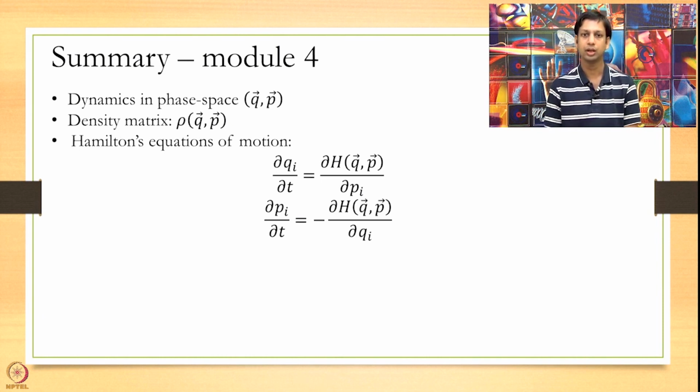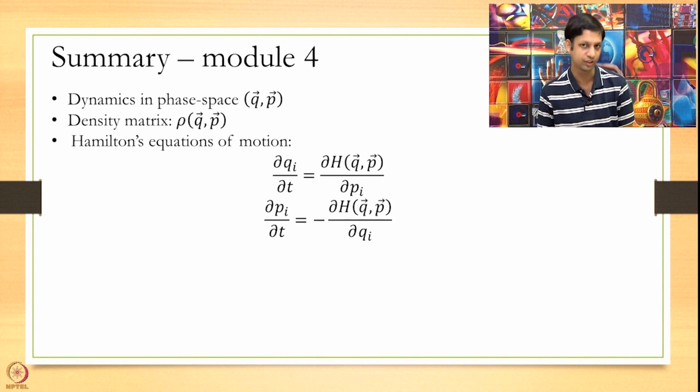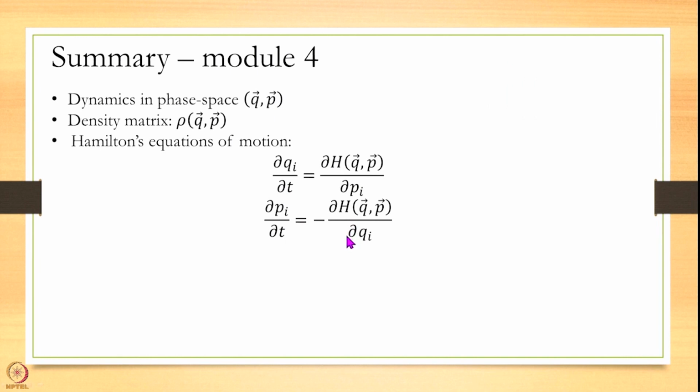And finally, we have looked at the dynamics in this phase space, which is given by Hamilton's equations of motion, summarized here: del qi over del t is del H over del pi, and del pi over del t is minus del H over del qi. We have verified that this is true for the given Hamiltonian, which is kinetic energy plus potential energy.